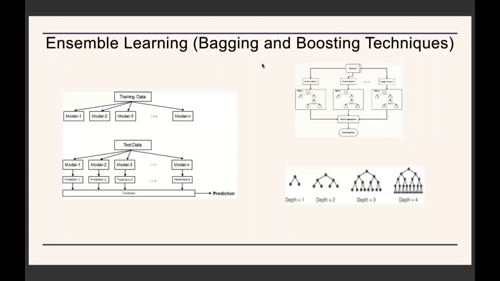Your boosting algorithm will look at the errors in the previous model, try to focus on them and improve them, and iteratively improve your model till you reach an end state, or maybe the most optimized state. That is why they are called boosting algorithms.